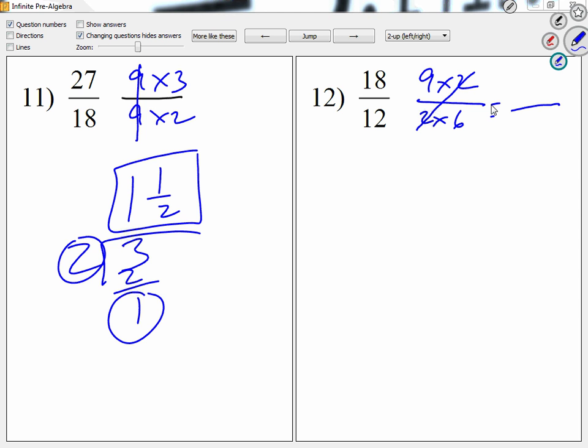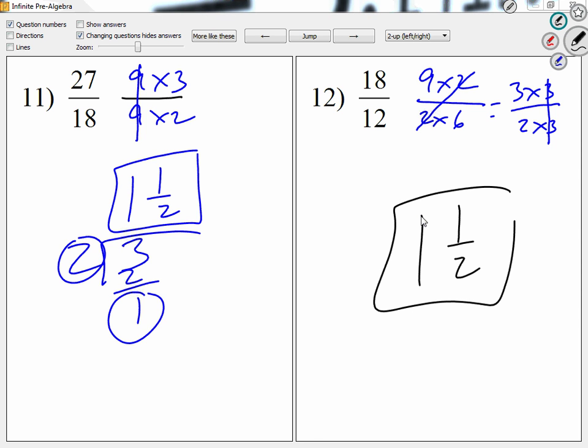Give me two numbers that multiply to equal 9. 3 times 3. What about 6? 2 times 3. Cancel out the 3's. So we have 3 over 2. Let me just write that as 1 and 1/2, because you notice it's the same question as the one before. We did it earlier. We know how to do it.